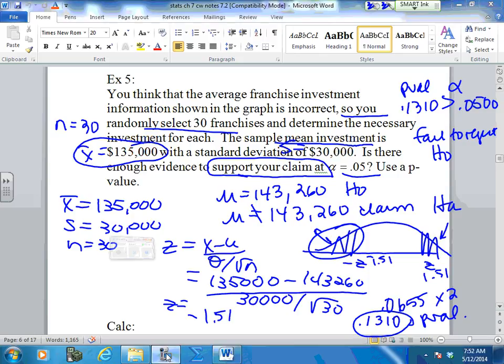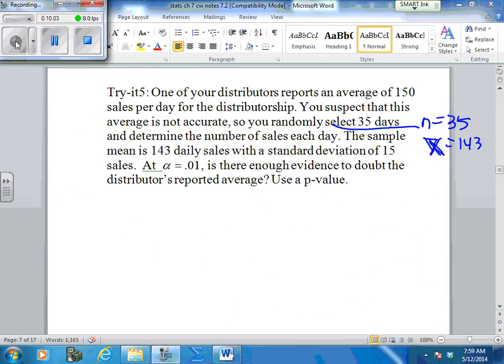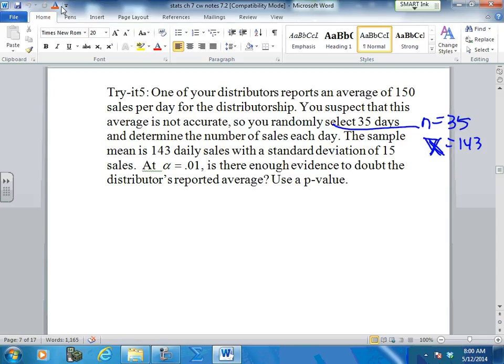Try it yourself, number 5. Here, before you look at your claim, before you see what your claim is, go to your sample information first. Because once you get your sample information, you don't confuse it with your claim. So now, here's our standard deviation of 15. This came from your sample.